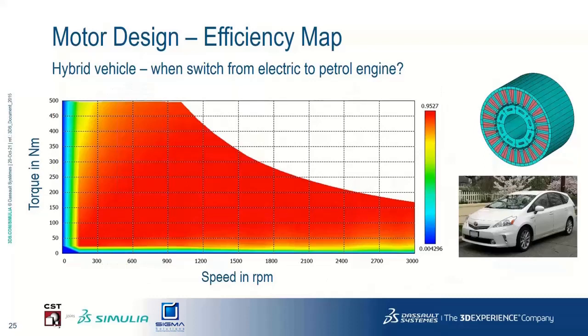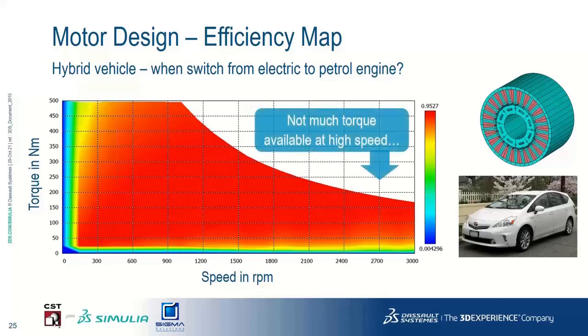Another thing is those efficiency maps we have, where we look at the torque against speed. Of course, initially you have a lot of torque, but then as you increase speed, the torque is not as high anymore. So those are also very nice simulation results that you can produce in order to optimize your motor.